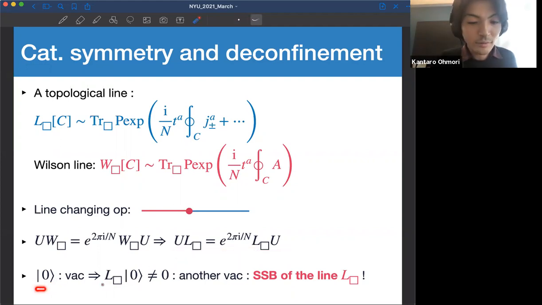Therefore, these two vacua have to be different from each other. So this topological line sends one vacuum to another vacuum, or to be precise, a superposition of vacua. Therefore, we can regard this as a spontaneous symmetry breaking of this topological operator. Oh, by the way, this L is not invertible, so it's not the ordinary symmetry.